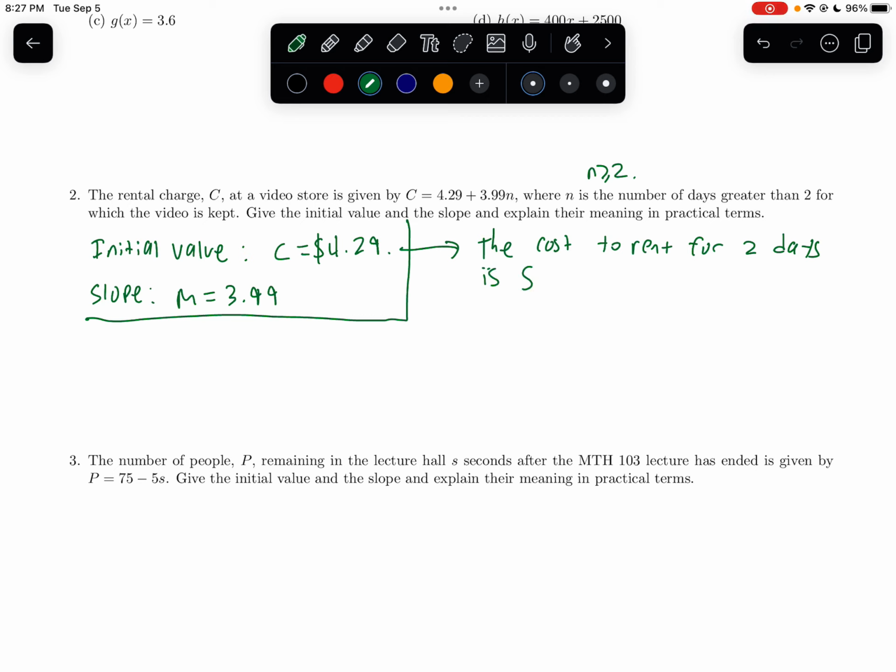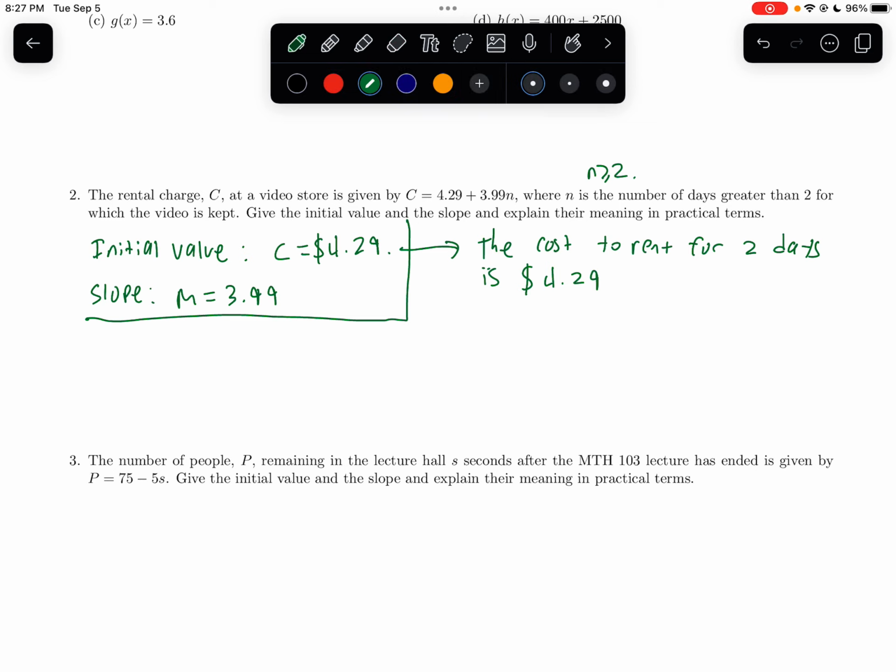So it's $4.29. And again, we're not having n be 0 because that doesn't make any sense for what this is describing. So your function will just start here and increase instead of starting at the origin.